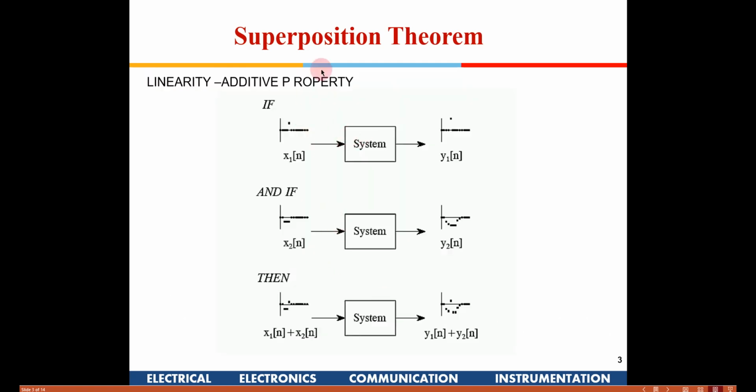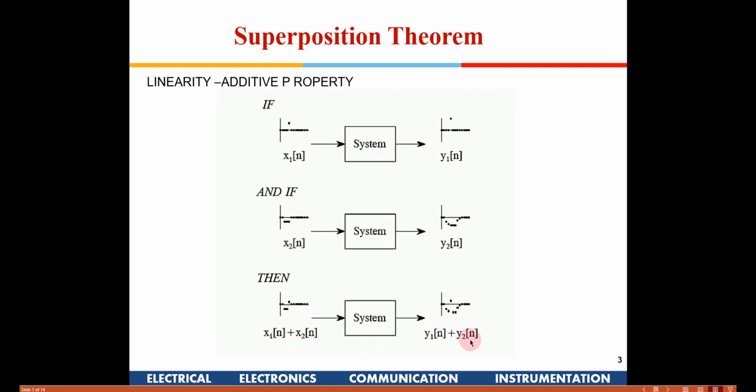So what is linearity? Suppose you have a system and you give an input x1(n), and you get an output y1(n). Now if you give a second input x2(n) to the system, you get a response y2(n). If I give a combined input x1 plus x2, the output should be y1 plus y2.